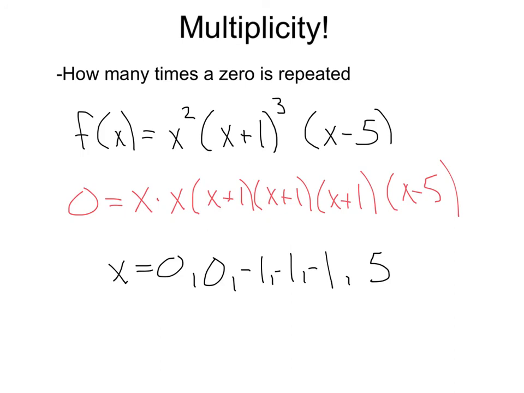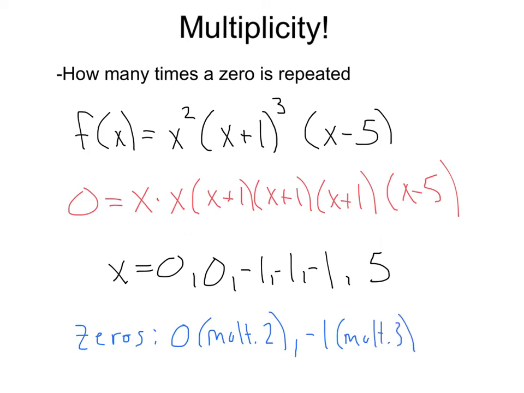So, writing these zeros in terms of multiplicity, we would have a zero of 0 with a multiplicity of 2. We'd have a negative 1 with a multiplicity of 3. And we'd have a 5 with a multiplicity of 1, but we don't need to write that out.